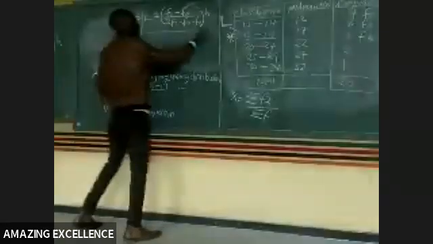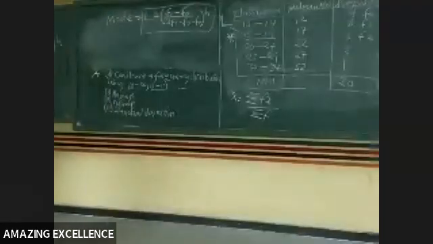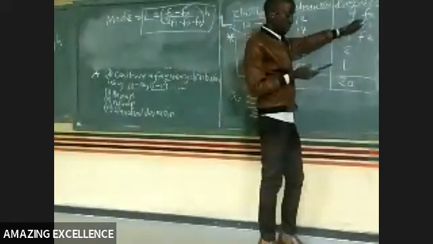Okay, I'm trying to define these letters that are here for you. Number one, L. L means the lower class boundary. You get it? L is always the lower class boundary. Then F0, let me start with the F0.